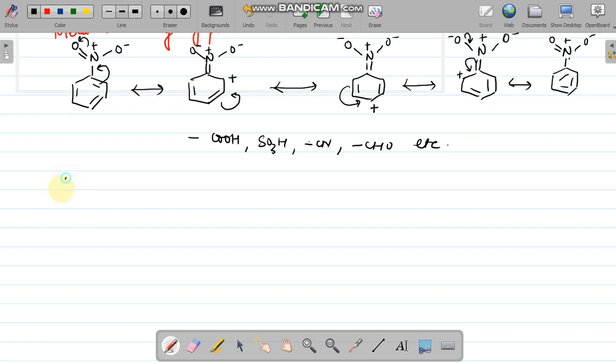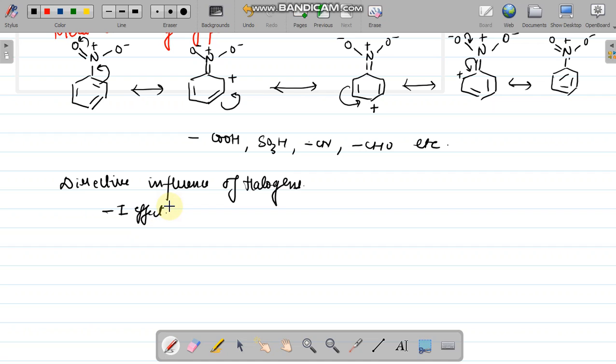The third one is the directive influence of the halogens. Now, in the case of halogens, your halogens are highly deactivating groups. Why? Because halogens have a strong negative inductive effect, that is your minus I effect.